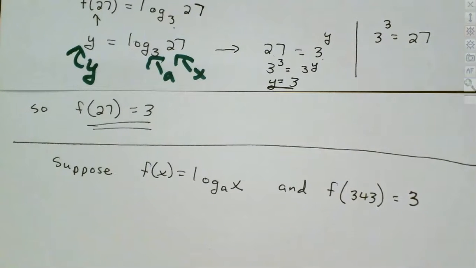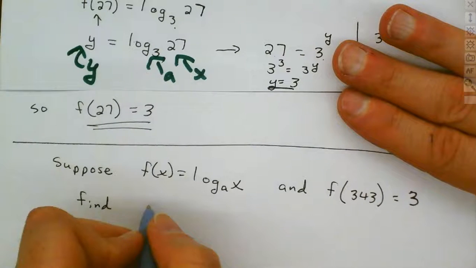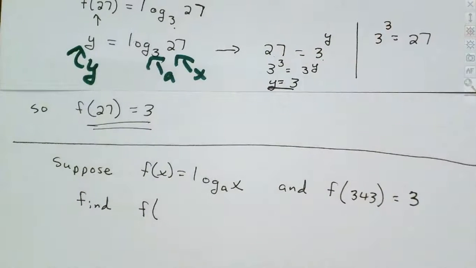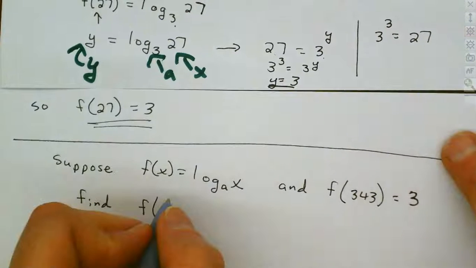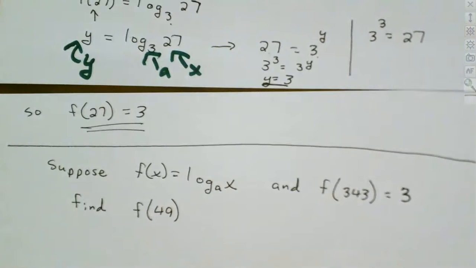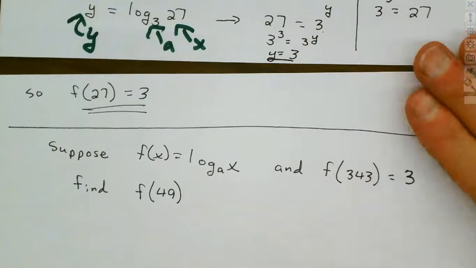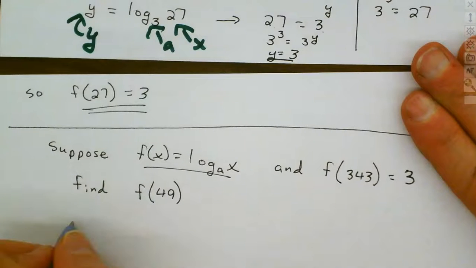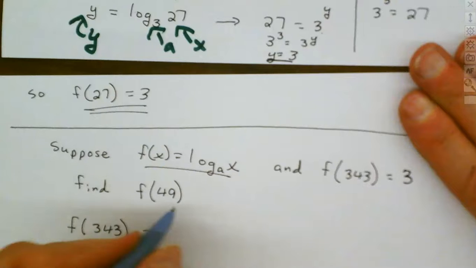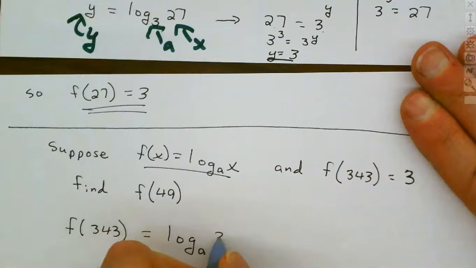I'm going to have you plug something in here, and let's find f of 49 in this one. So what do we know? We want to find f of 343, and that's going to be log base a of 343. So that means this is 3.